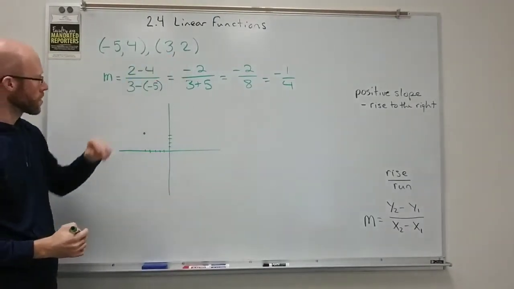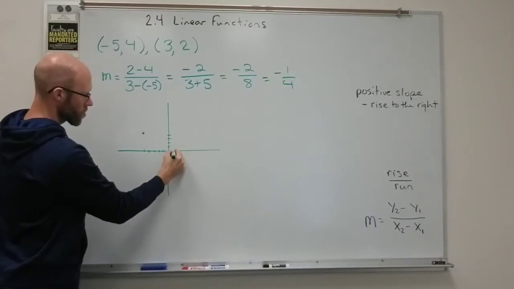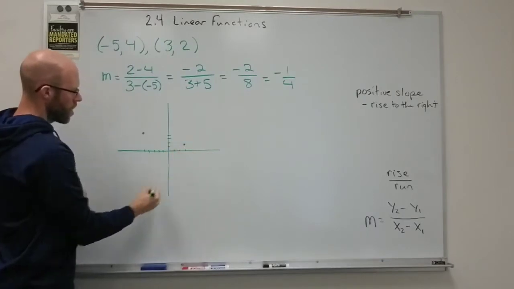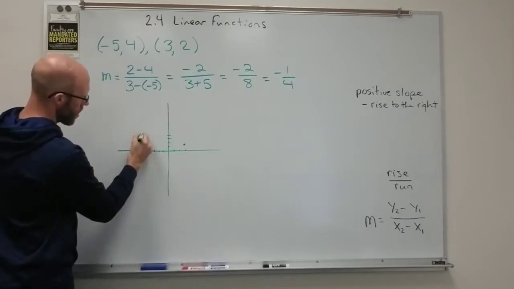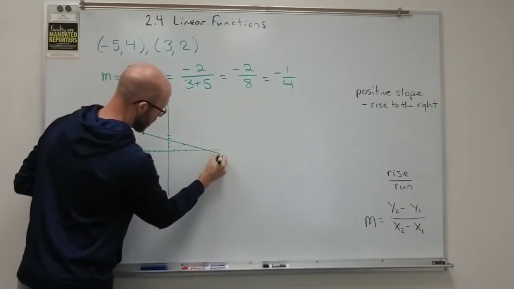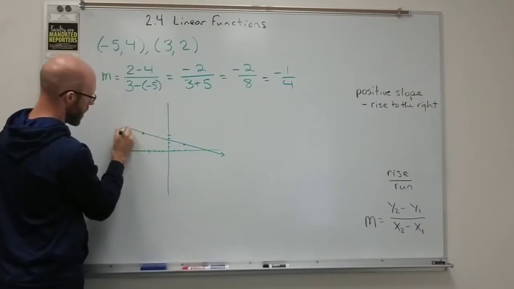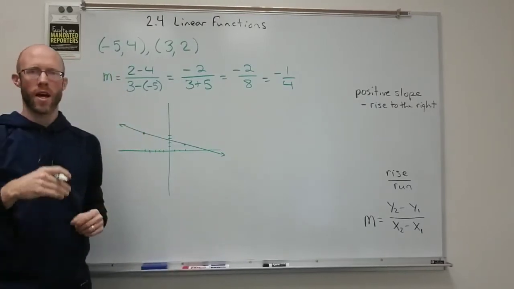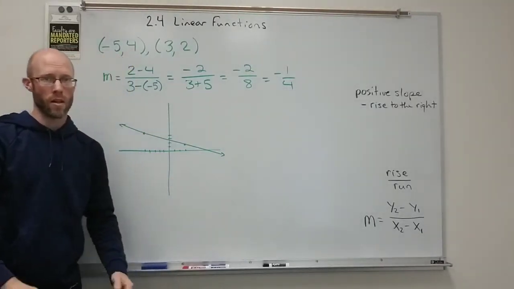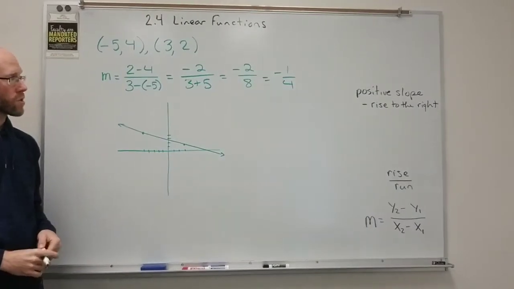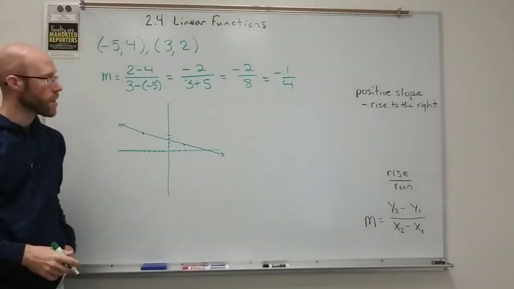And then 3 comma 2 is over in the first quadrant. You go over 3 up 2, and you can see that this line is not rising to the right like the last one. It's actually going down to the right. Or you could say it's dropping to the right.